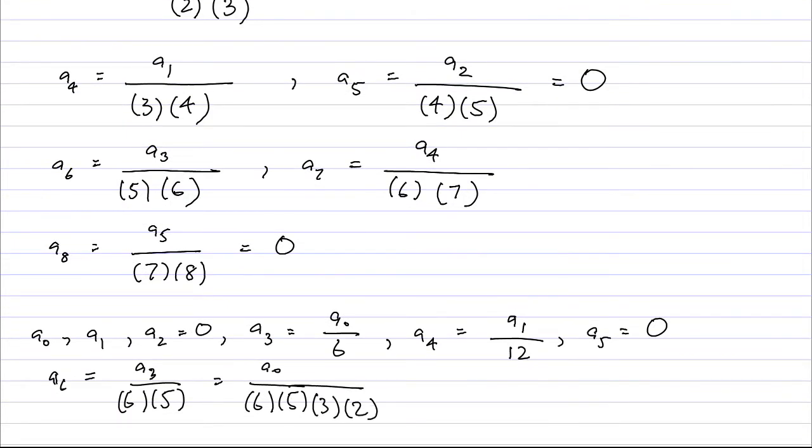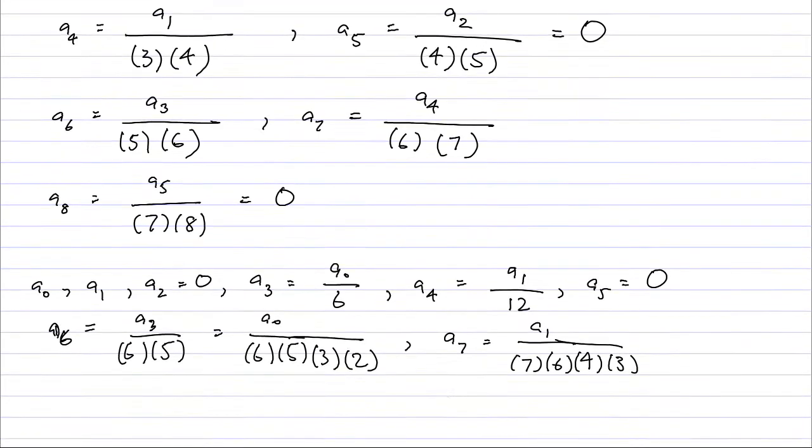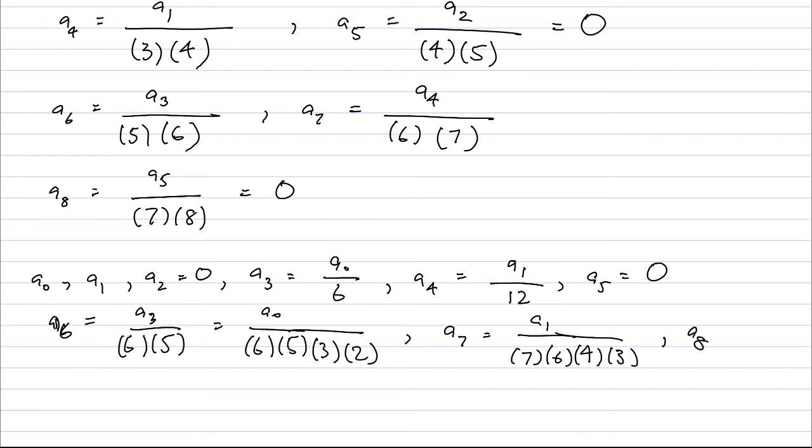I can write it like that. And so this is a6, and then a7 is equal to a4 divided by 6, 7. This is a1 over 7, 6, and then 4, 3, and a8 of course is equal to 0. So a2 is going to be 0, a5 is going to be 0, a8 is going to be 0, a11 is going to be 0, and so on.